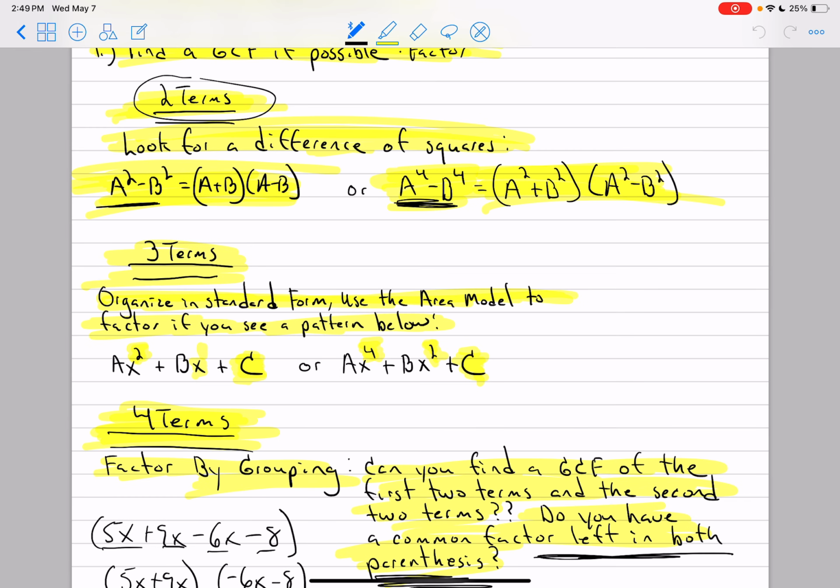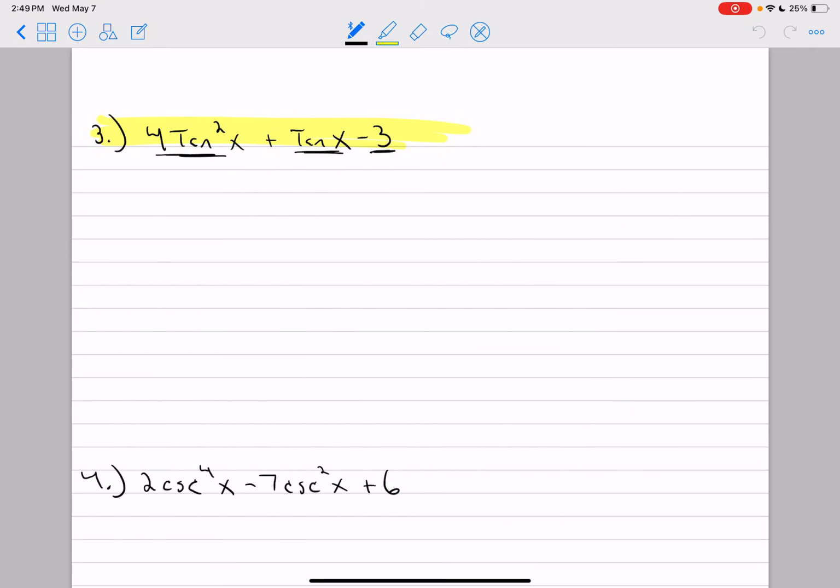Organize it in standard form and use the area model if I see the pattern. I see the x squared, I see the x to the first, and I see a constant. There's the tangent squared, there's the tangent to the first, and there is the constant.